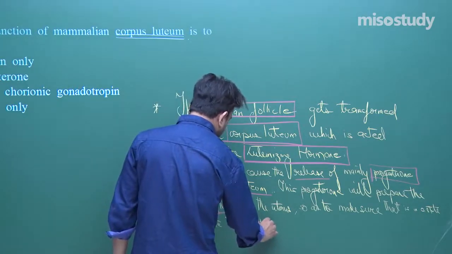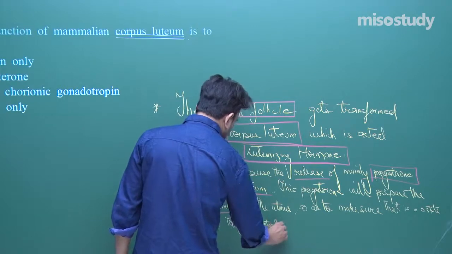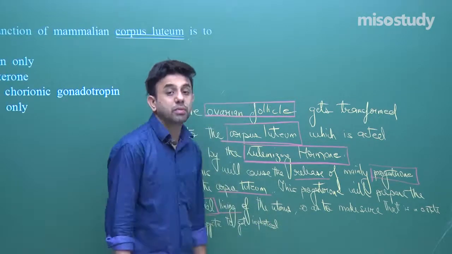Right? We all know that the site of implantation is the uterus, the endometrial lining of the uterus.